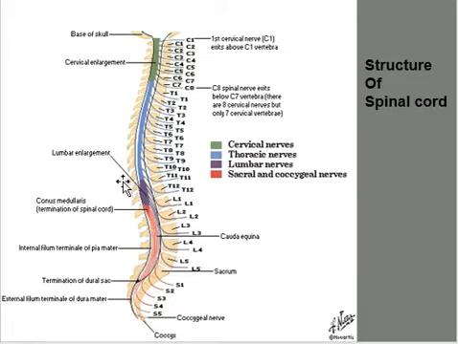The cervical has 8, the thoracic 12, the lumbar 5, the sacral 5, and the coccygeal 1, so totally 31 segments. Next we come to the spinal nerves. The segments of the spinal cord correspond to the 31 pairs of spinal nerves in a symmetrical manner.